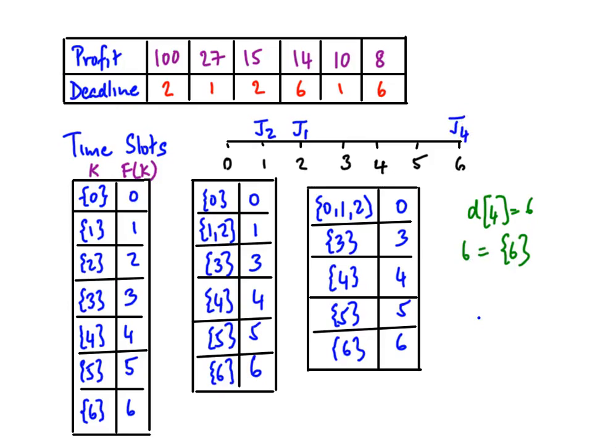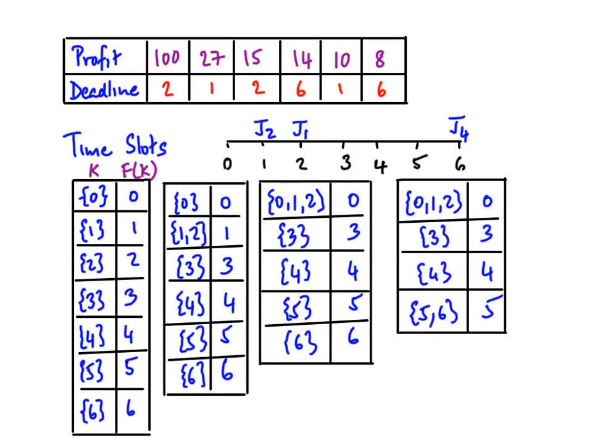And now we will merge this with the set containing f of 6 minus 1, the set containing 5. So this gives us the set 5, 6, because the set containing 5 actually is 5 itself. Okay, so we will merge these two sets. So we now have this collection of sets 0, 1, 2, 3, 4 and 5, 6.